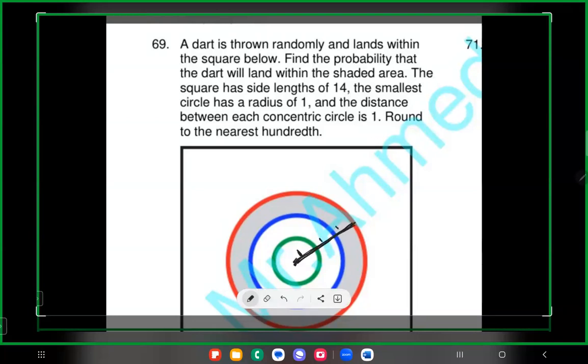To get the probability, first I need to get the shaded area. The shaded area is pi times 3 square minus pi times 2 square, which is equal to how much? Pi 3 square minus pi 2 square is equal to how much?